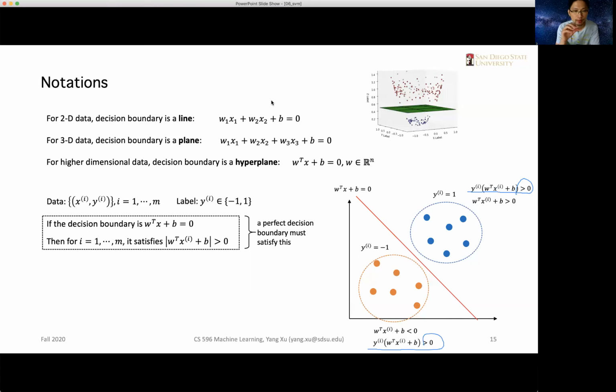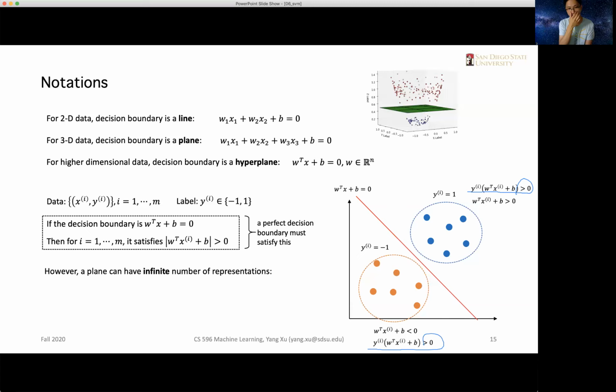So this is a perfect decision boundary. The condition that a perfect decision boundary must satisfy, because it doesn't cross any data points. It must satisfy these constraints.